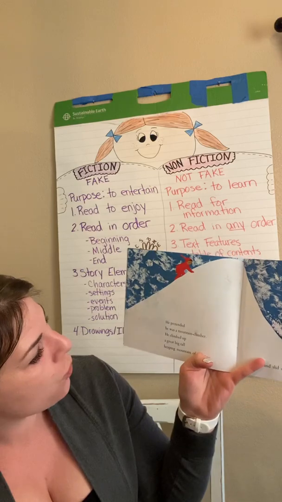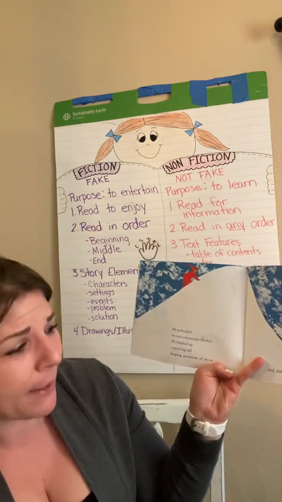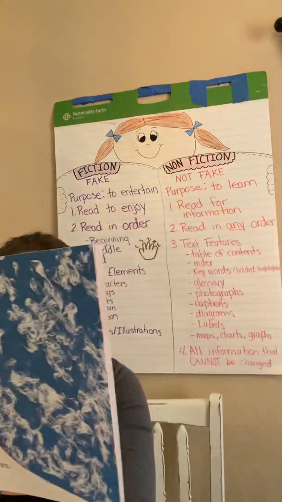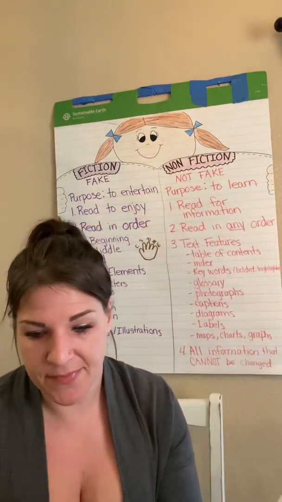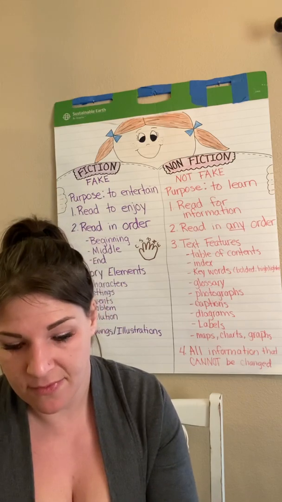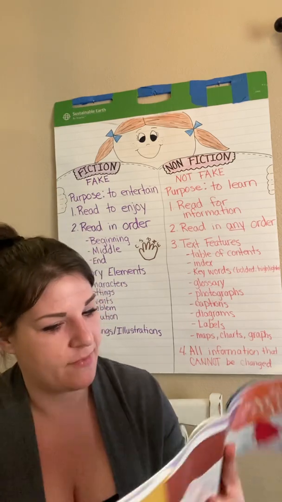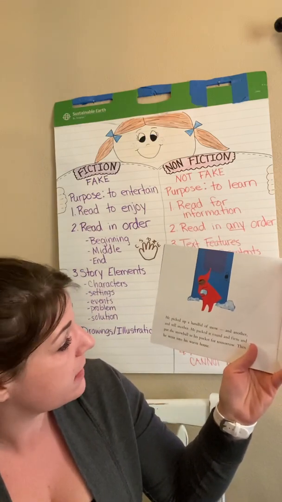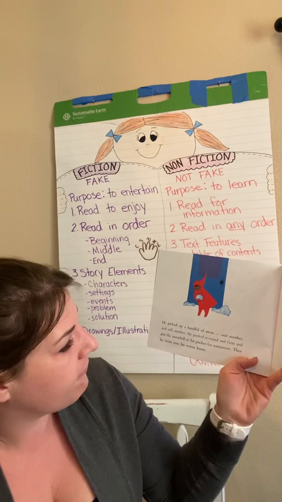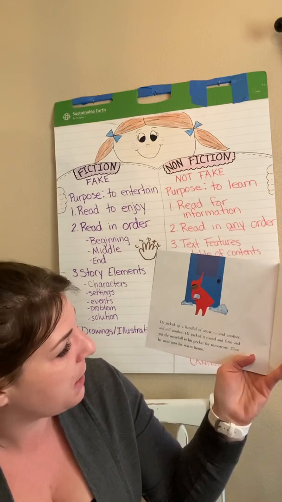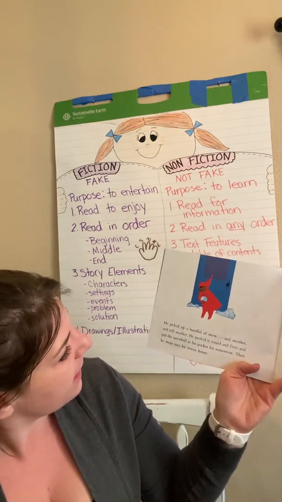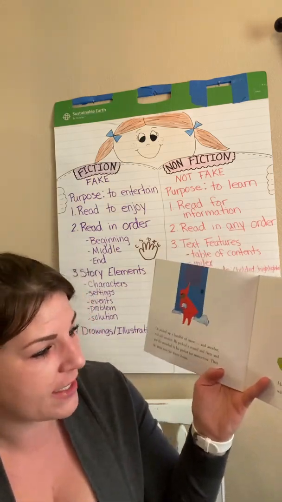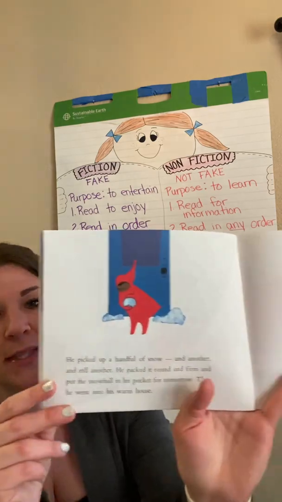He climbed up a great big, tall, heaping mountain of snow and slid all the way down. He picked up a handful of snow and another and still another. He packed it round and firm and then put the snowball in his pocket for tomorrow. Then he went into his warm house. He told his mother all about his adventures while she took off his wet socks.